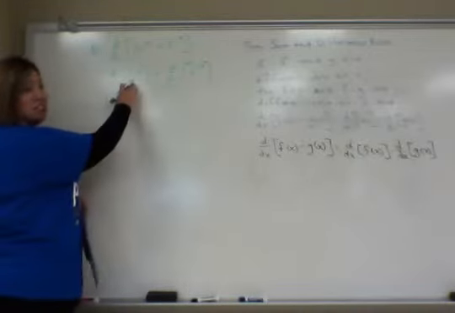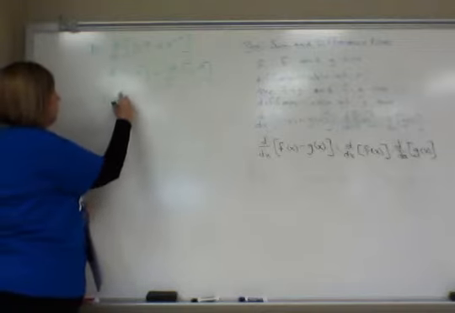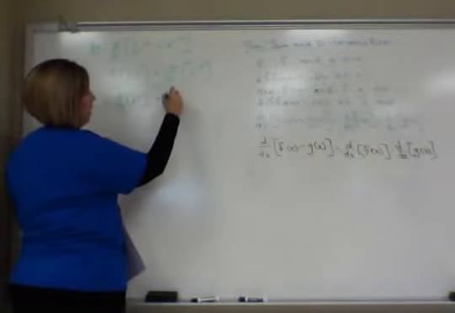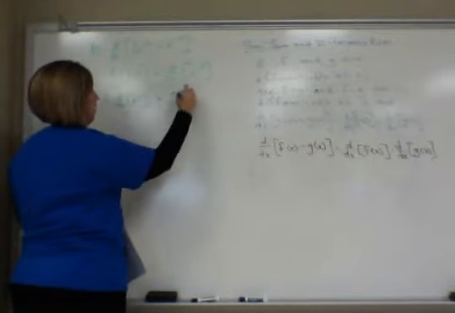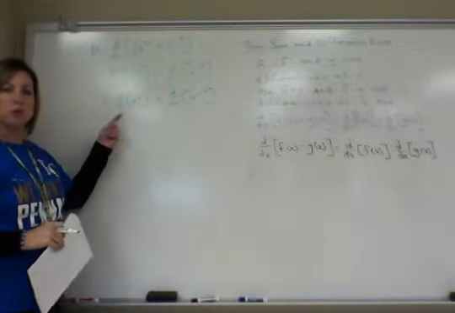Well, this has a constant in front of it, so I can say that's 2 times the derivative of x to the 6th. And this one does not, so I'm going to leave that alone for a minute. And now we're going to apply the power rule to all of these things.